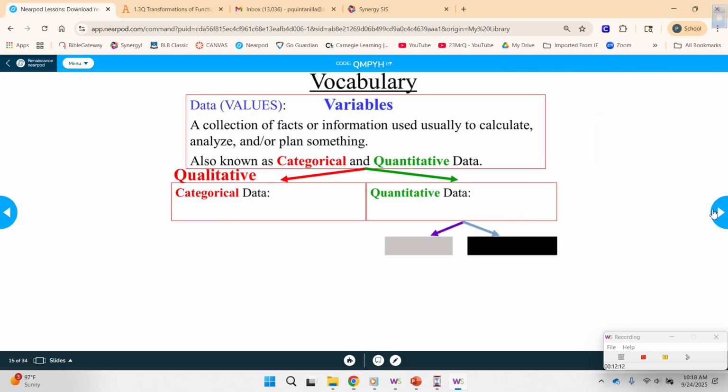Look at this one. Remind your neighbor what is qualitative data and quantitative data. Next, tell them the 2 types of variables for quantitative without looking at your notes.